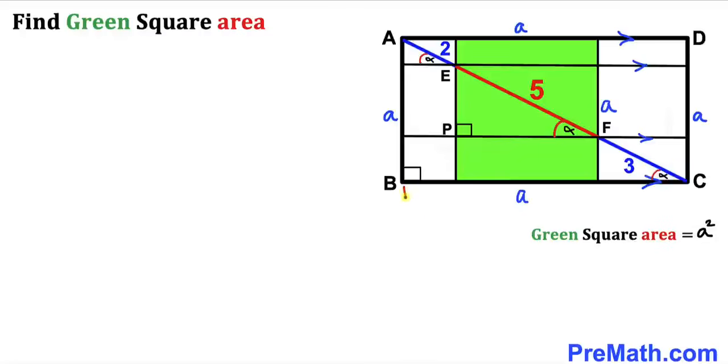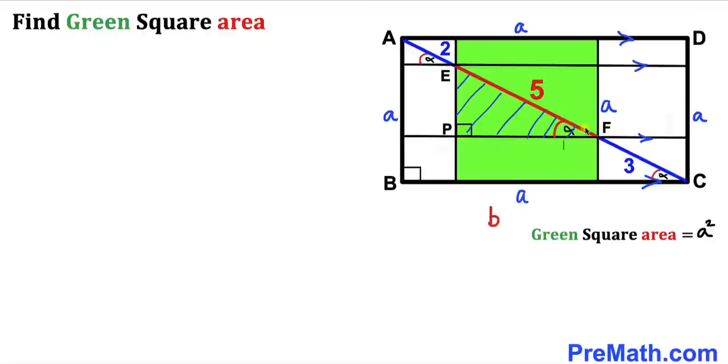Here's our next step. Let me label this side length of the rectangle as lowercase b. Now we are going to focus on these two right triangles: this whole big right triangle ABC, and this other smaller right triangle EPF.